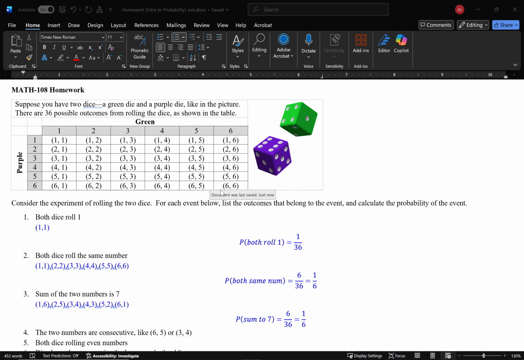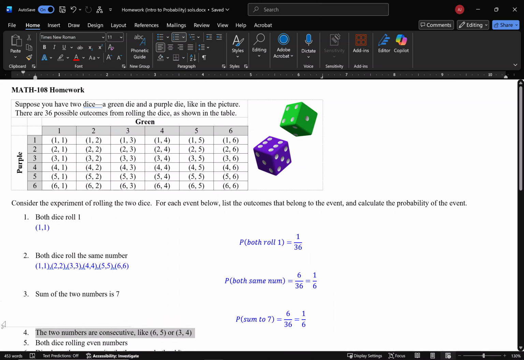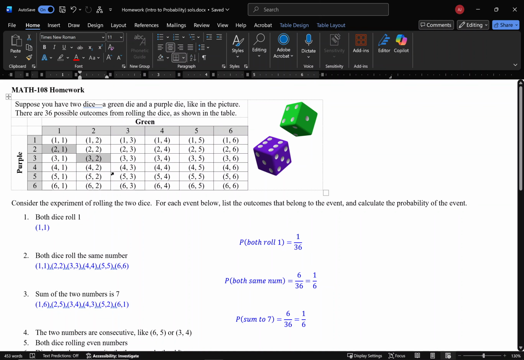The next question, the two numbers are consecutive, like 6, 5 or 3, 4. Again, we can look through the table to find the ones like that. So (2, 1), (3, 2), (4, 3), (5, 4), (6, 5), the ones on that diagonal.